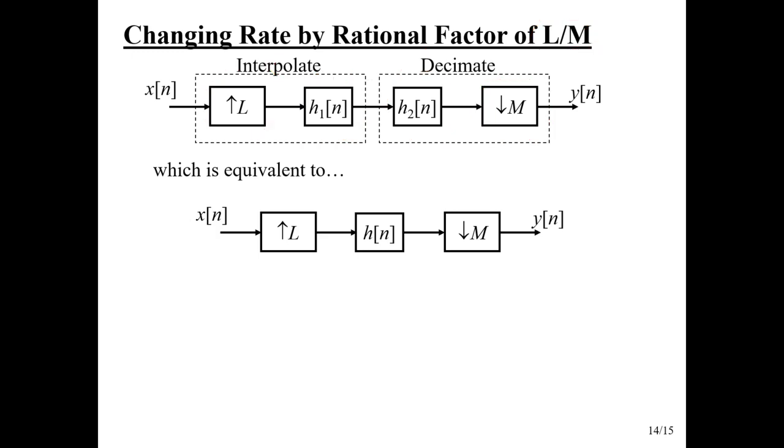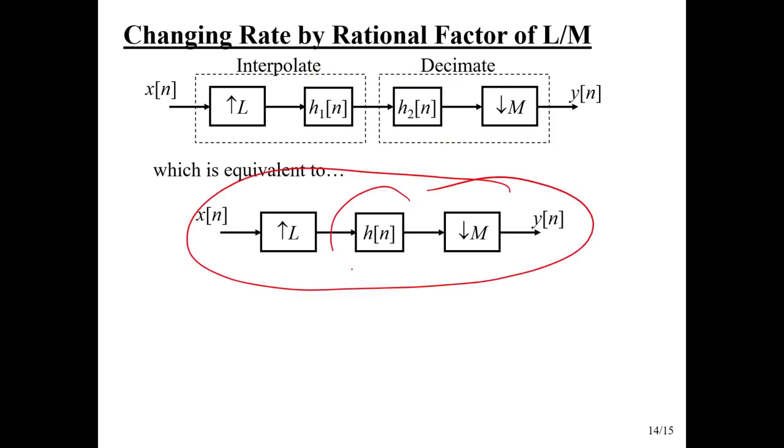Well, a cascade of two filters together can be replaced by a single filter. So you could design these two separately and then just convolve their impulse responses to find out what this composite is. Or you could think about this system as a whole and design that to be what you need.